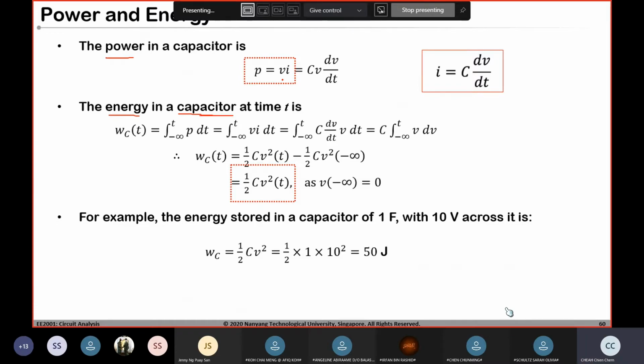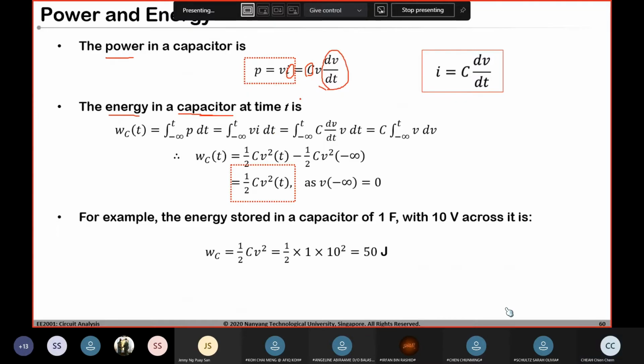For resistors, V is equal to iR. For a capacitor, i is equal to C dV/dt, which means that you should substitute i by C dV/dt. Then this is your power.